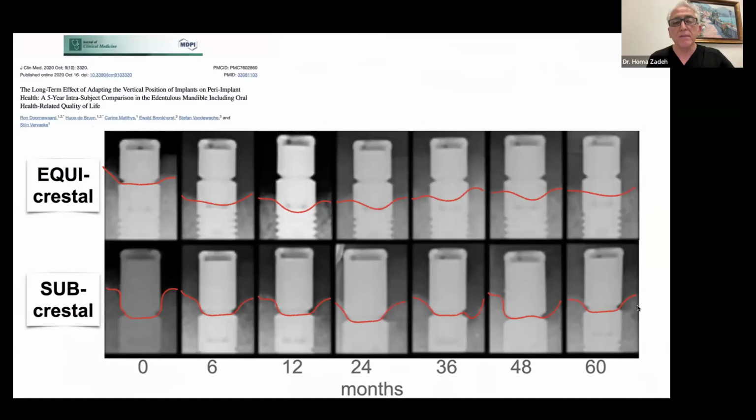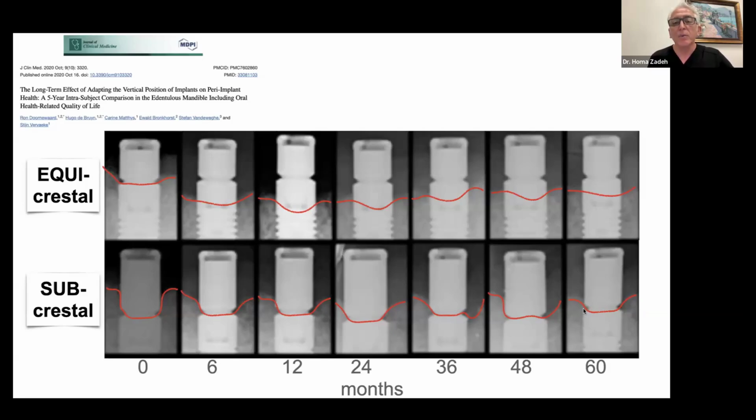So this is a very important factor that it's taken us a while to recognize, that implants should be placed subcrestally. But part of the reason that this hasn't caught on is that some of the earlier design implants are really not appropriate for subcrestal placement.